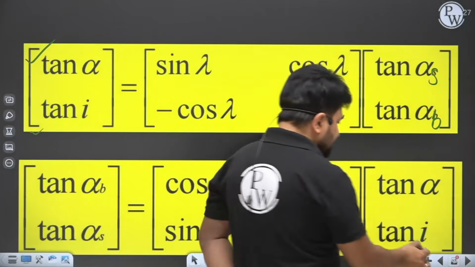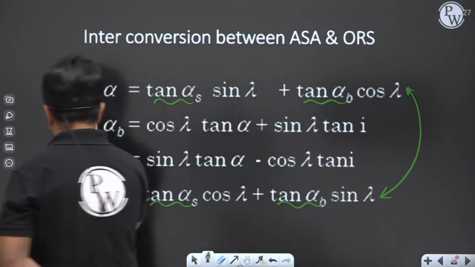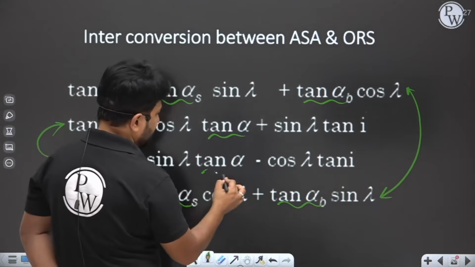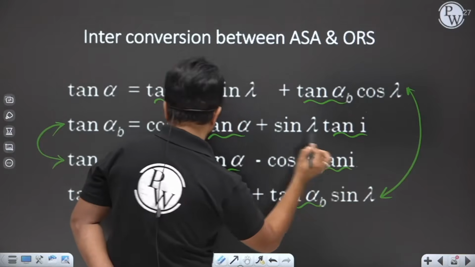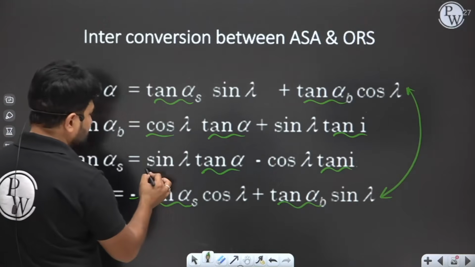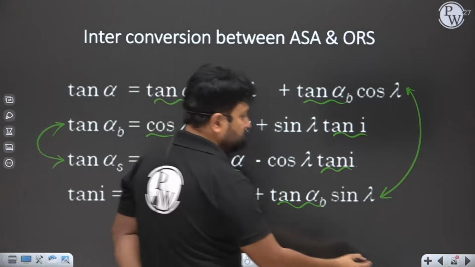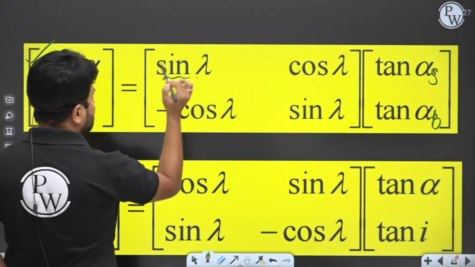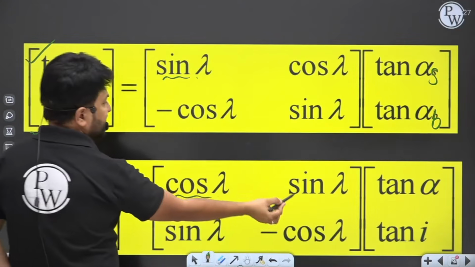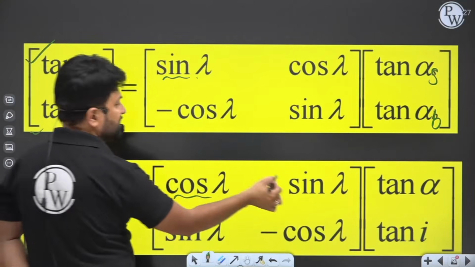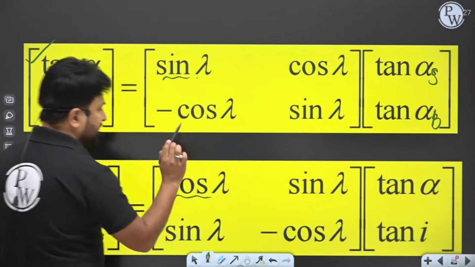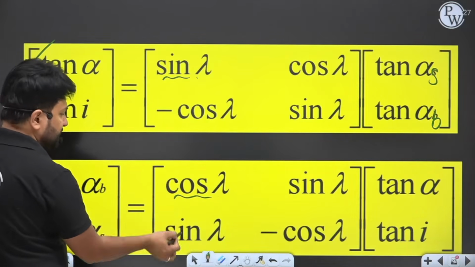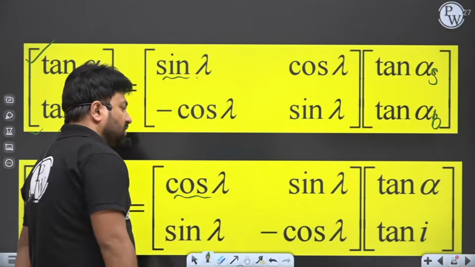In a similar fashion, please see these two formulas. What are the common things? Tan alpha, tan I, and cos lambda, sin lambda, minus cos lambda. Initially, write down cos lambda; the next one will be the opposite of the previous one, that is sin lambda. In the next row, write down the integration of the above row: the integration of cos lambda is sin lambda, and the integration of sin lambda is cos lambda.